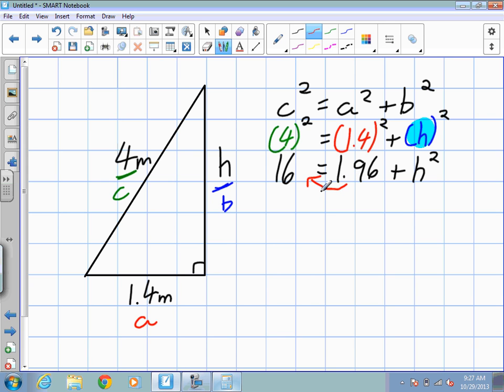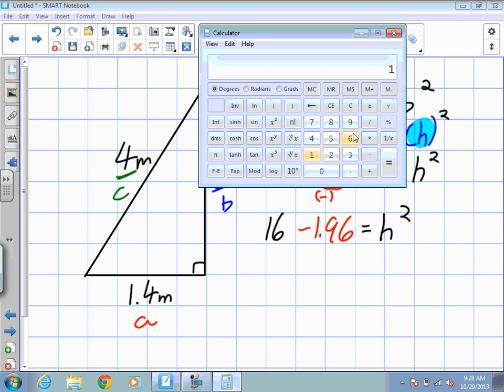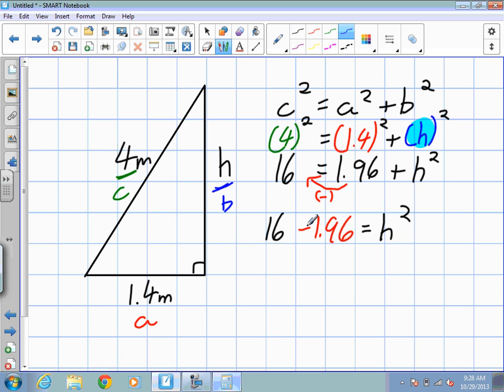That's right, negative. So we'll get 16 subtract 1.96 is equal to h squared. We'll take 16 subtract 1.96. 14.04. So 14.04 is equal to h squared.